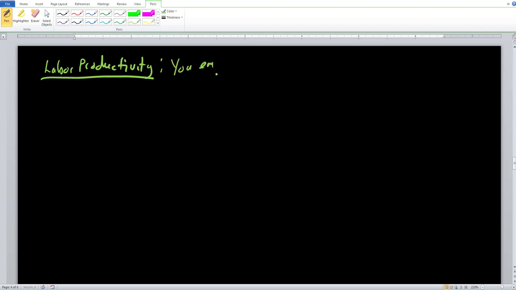Suppose that you employ 10 workers. You are a business owner, and in your own little business, you employ 10 workers, each working 8 hours to produce.